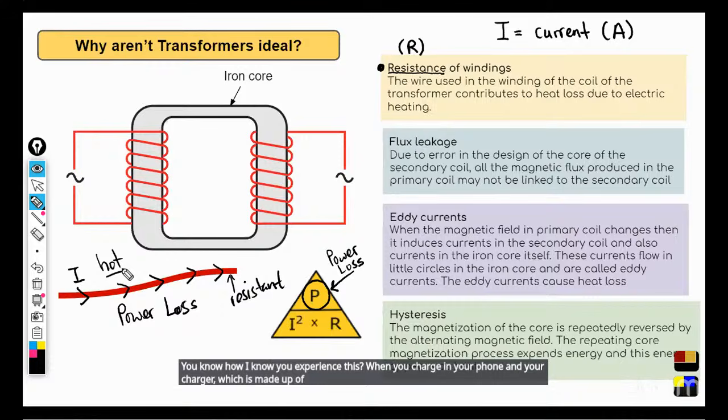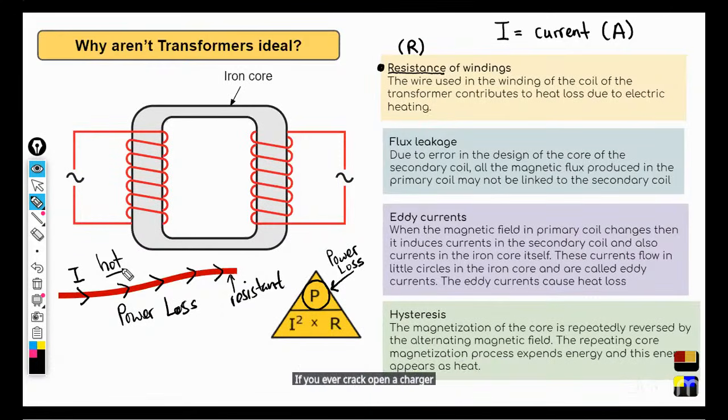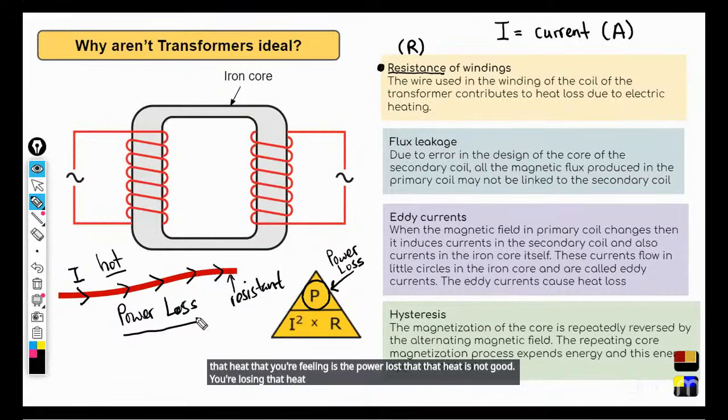If you ever crack open a charger, you will find wires inside of it. You will notice that your charger does get hot or warm when you're using it. There's a physics explanation for that. That heat that you're feeling is the power lost. That heat is not good. That heat doesn't do anything useful. It's just getting hot and being lost in the atmosphere.